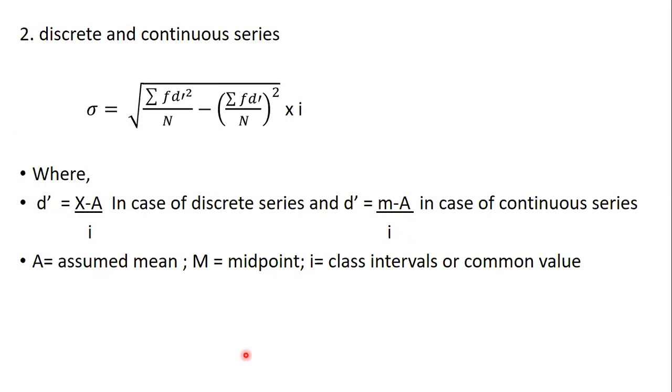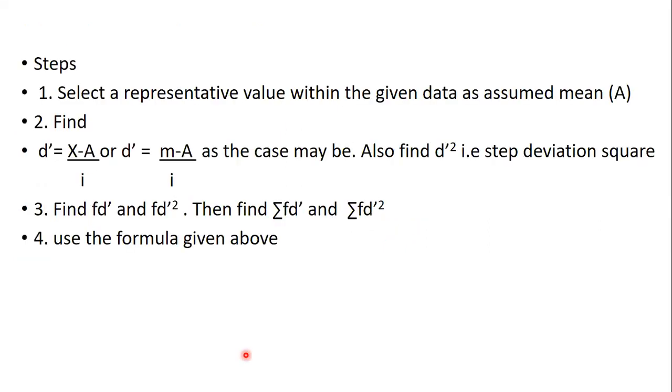So yesterday we went on to see the problem of individual series. Before going to the problem of discrete and continuous series, let's understand the steps to calculate. The steps are: first, you have to select a representative value within the given data. Inside whatever data is given, if it is a discrete series, then consider the x values.